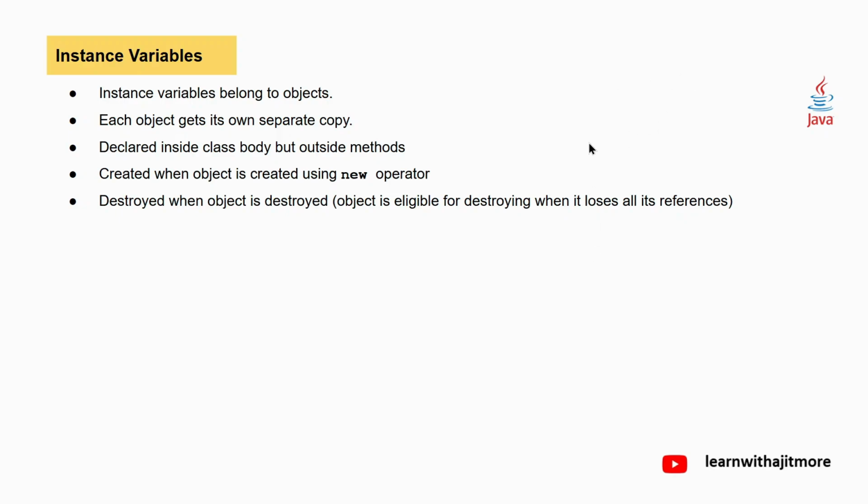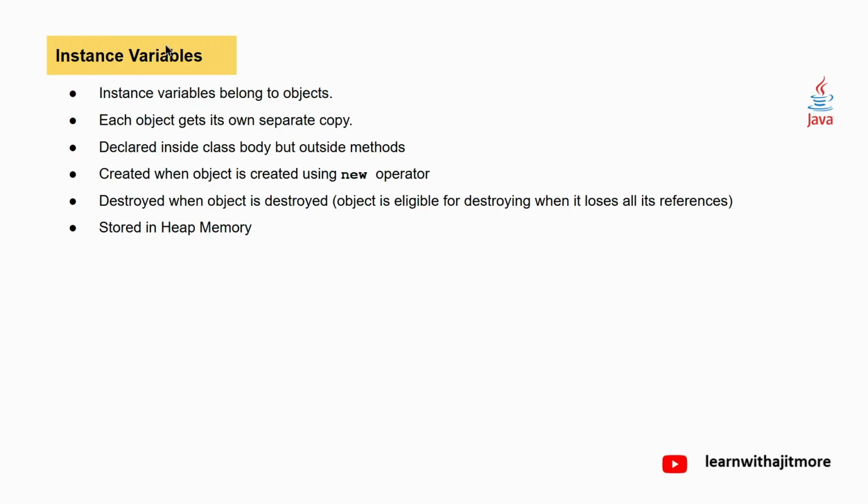X was referring to one object, Y also the same object. So how many is the ref count? Two. But after some time I gave some other reference to X, the ref count decreases. Some other reference to Y, again the ref count decreases. Now from two it has become one, from one it has become zero. The moment the ref count becomes zero, the object is eligible for garbage collection. Means it is eligible for destroy.